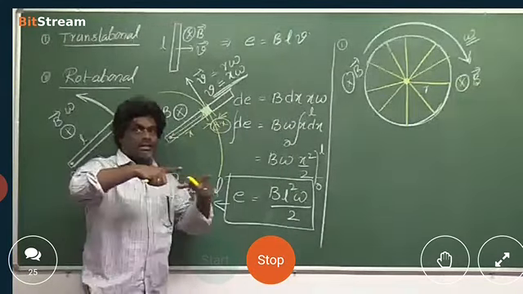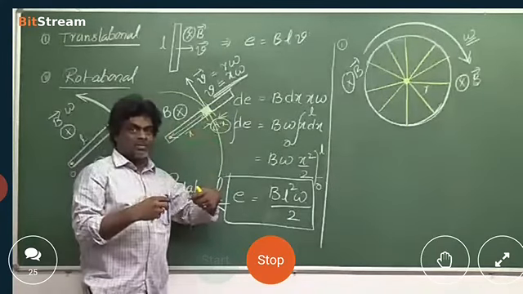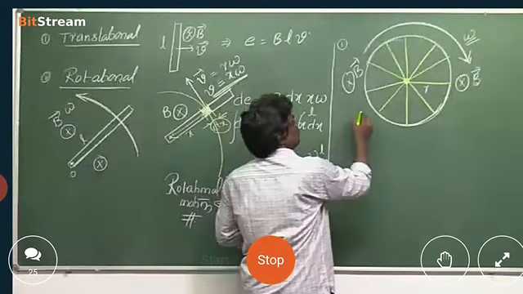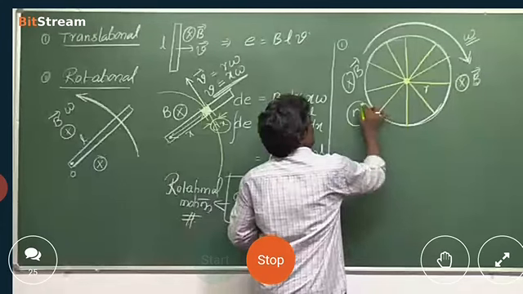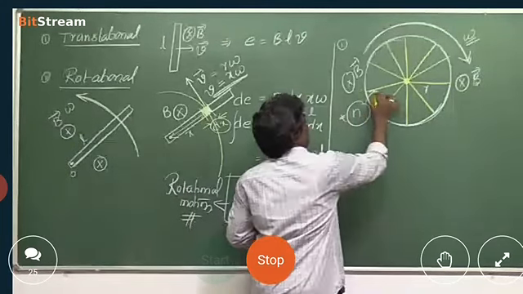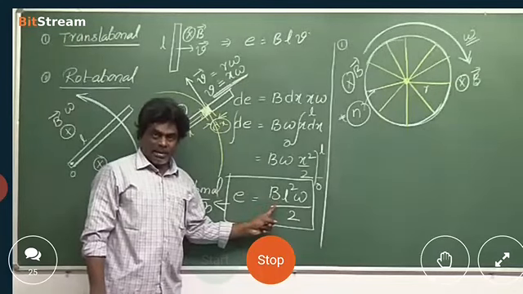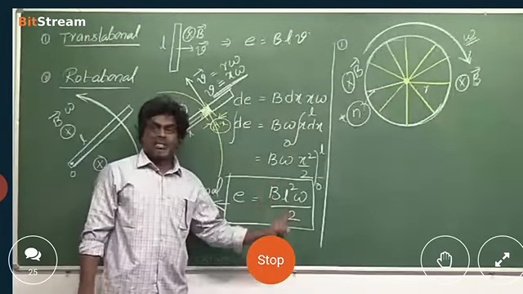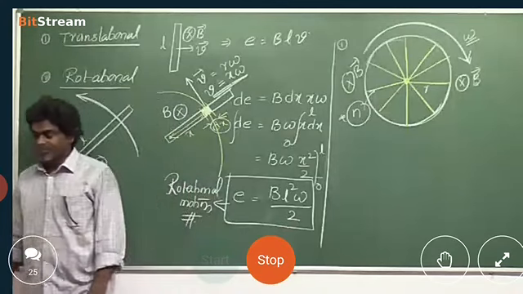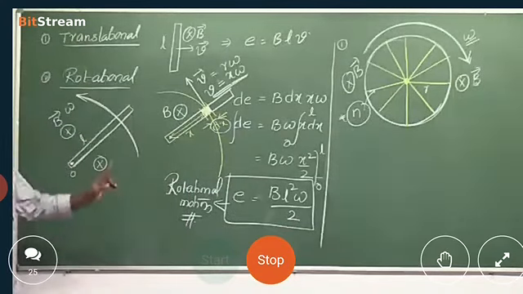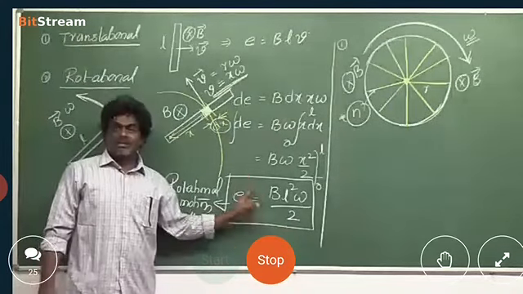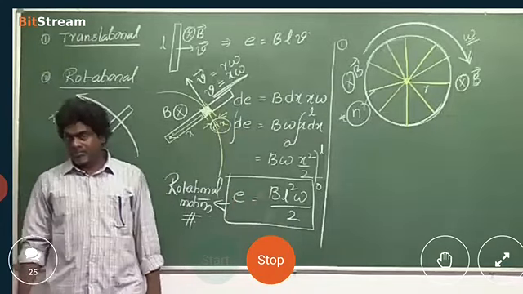Now there is a rod of length r which is rotating with an angular speed omega. Like that, how many spokes are there? Let us suppose n number. Like this, n number are there. Then what is the answer? Is it same or n times B L square omega by 2?